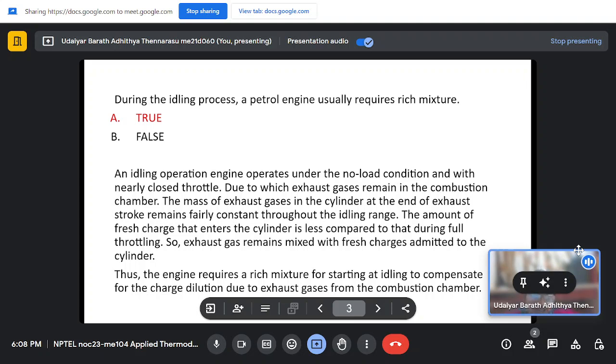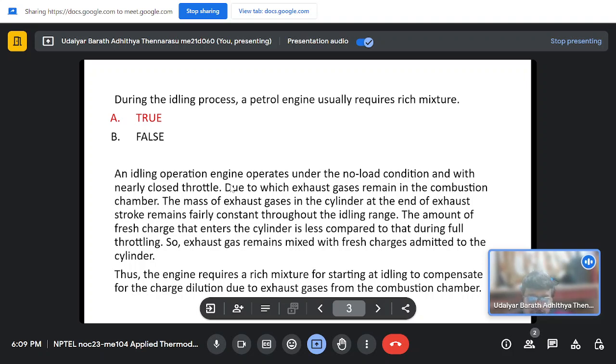The mass of exhaust gas in the cylinder at the end of the exhaust stroke remains fairly constant throughout the idling process. So the amount of fresh charge that enters the cylinder is less compared to that during full throttle. The exhaust gas remains mixed with the fresh charge admitted to the cylinder. So to sustain the combustion, you need a rich mixture compared to when it is running.